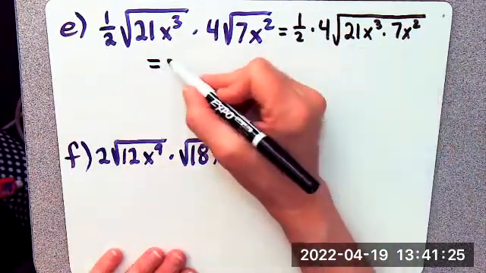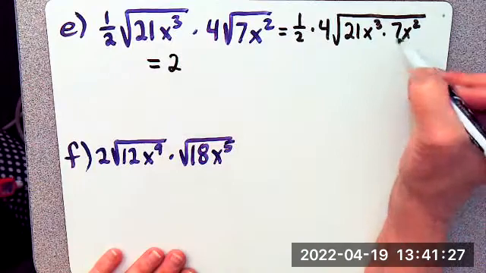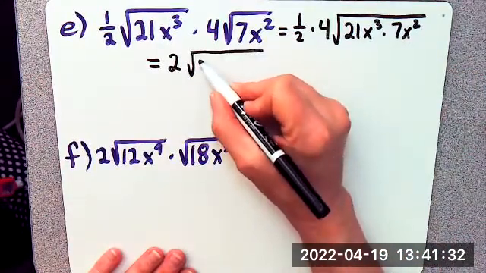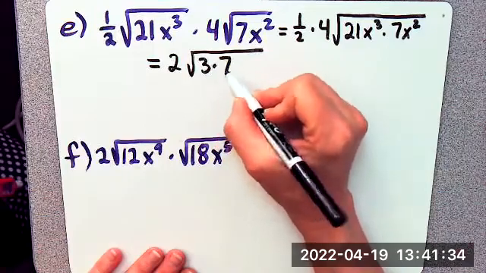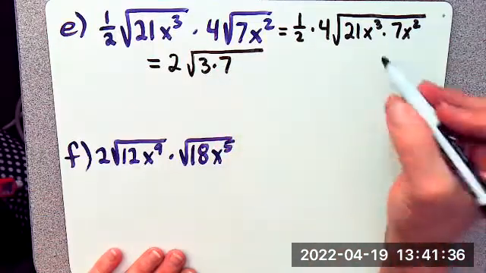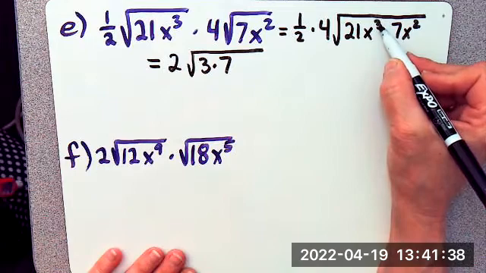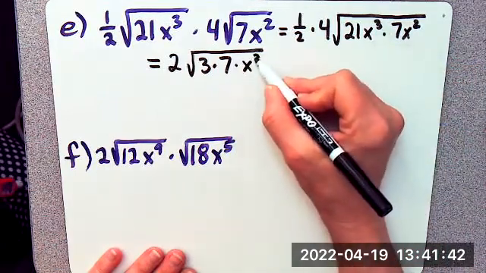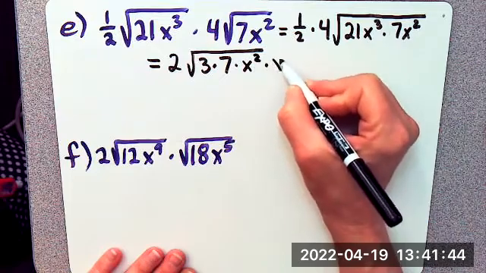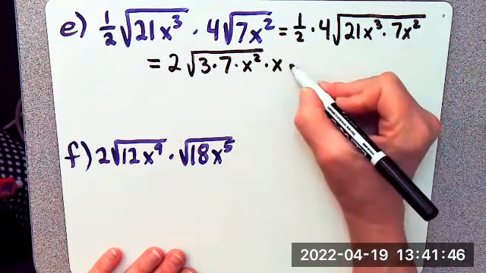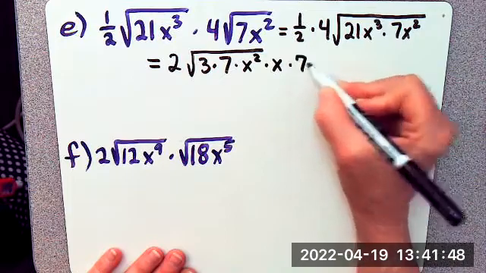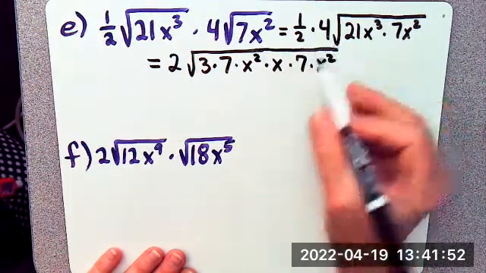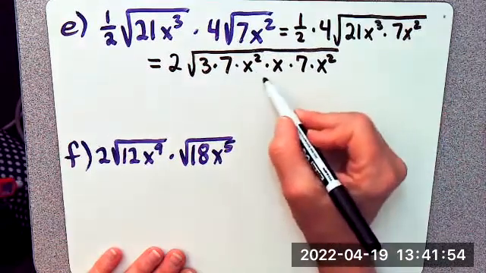So 1/2 of 4 is 2, so we can handle that right now. 21's prime factors are 3 and 7, so 3 times 7. And this is not an even number, so let's take out the even number here, x squared times x, and then we have a 7 here times x squared. Okay, so this is our x to the 3rd right here.